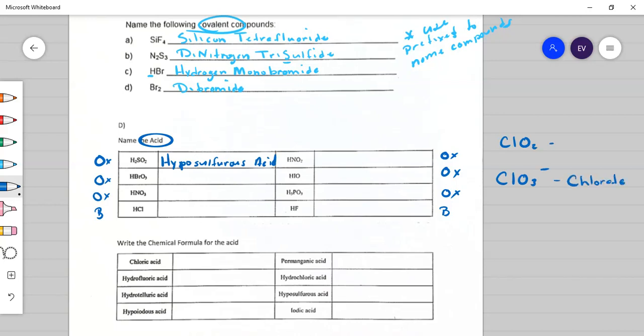The one with more oxygens ends with ate. If you take away one oxygen, this becomes chlorite. If you add another oxygen to chlorate, it becomes perchlorate. If you subtract another oxygen from chlorite, it becomes hypochlorite. These are some of the rules for naming polyatomic ions, specifically ones that deal with oxygen.